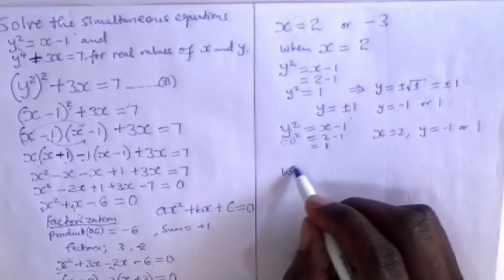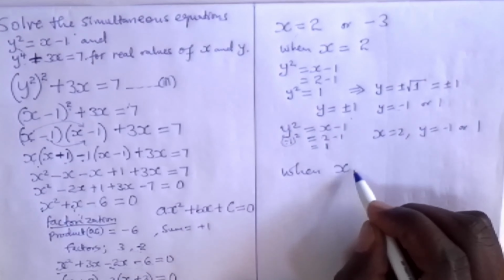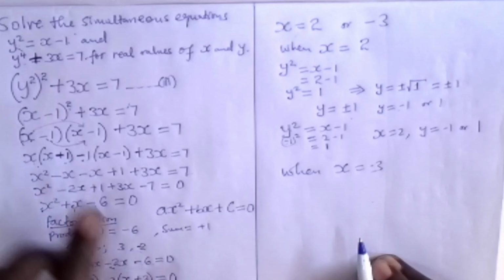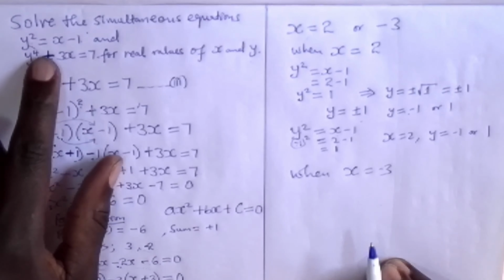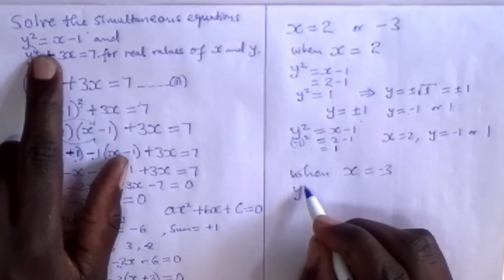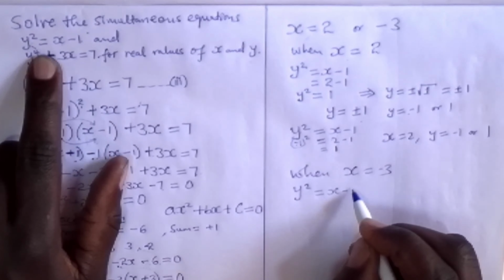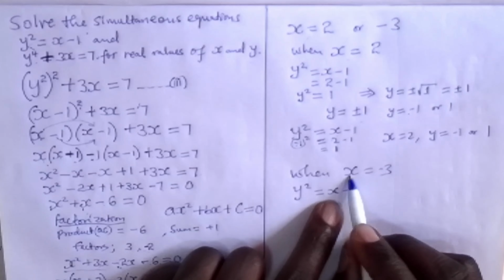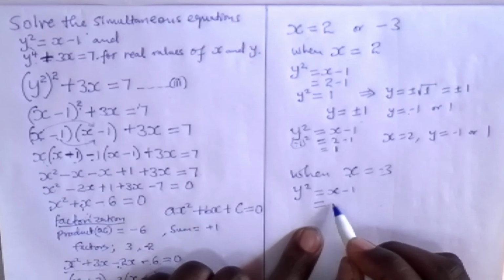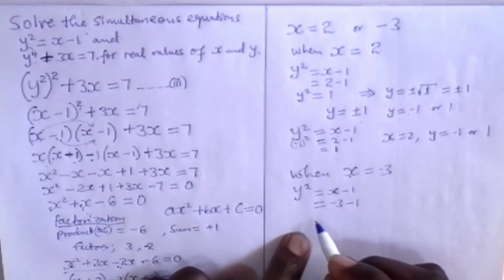Then, when x is minus 3, let us see whether it agrees with the given equation y squared equal to x minus 1. Substituting, x is minus 3 minus 1, which is minus 4.